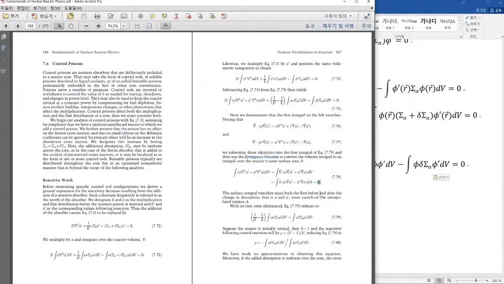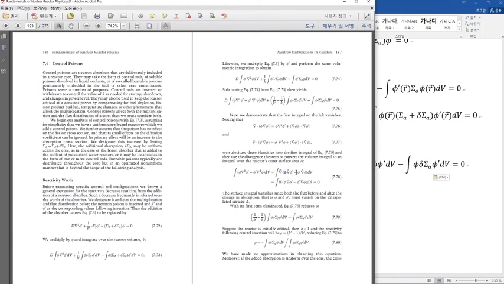And in that case, this would be 0 because, if we consider this function, then in the surface of the reactor, phi will be almost 0. Phi will approach 0 due to the boundary condition.